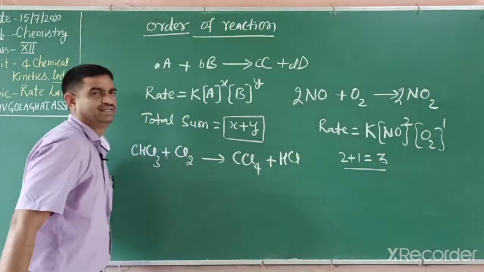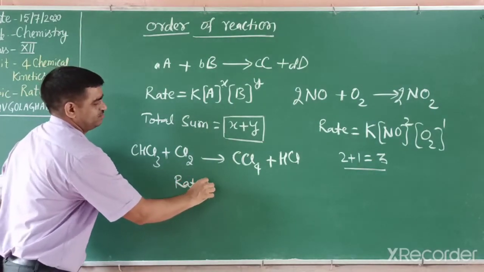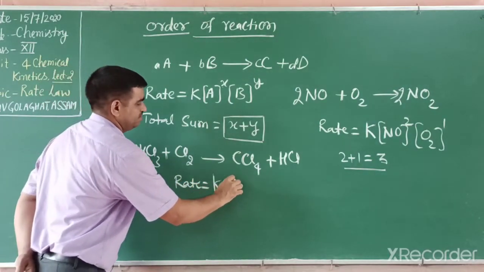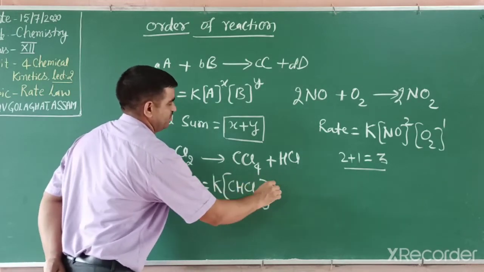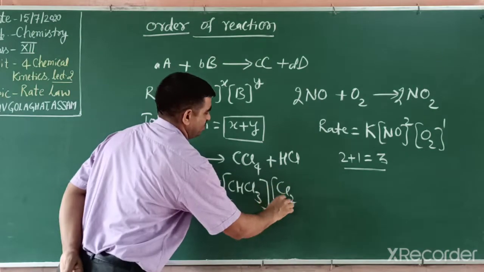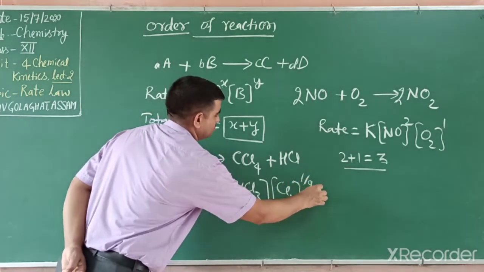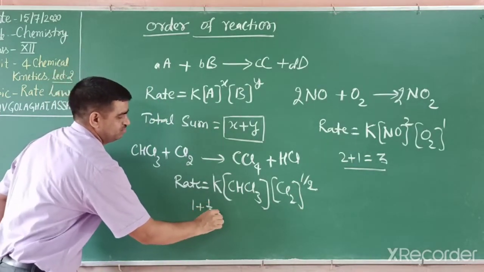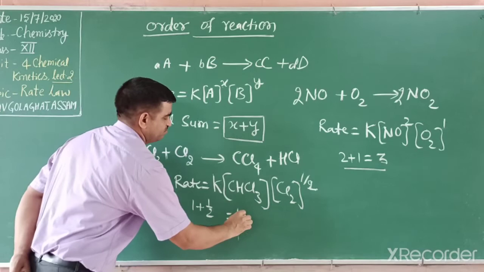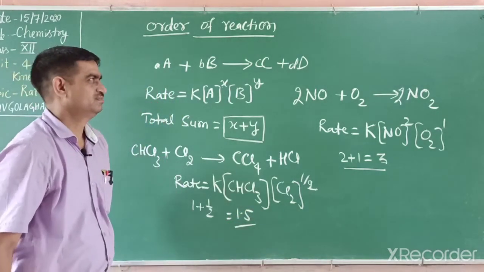In this reaction, the rate law is given: rate is equal to K, concentration of chloroform power 1 and chlorine power half. So in this reaction, the order of reaction is 1 plus 1 by 2, which means 1.5. We can say it is a fraction.